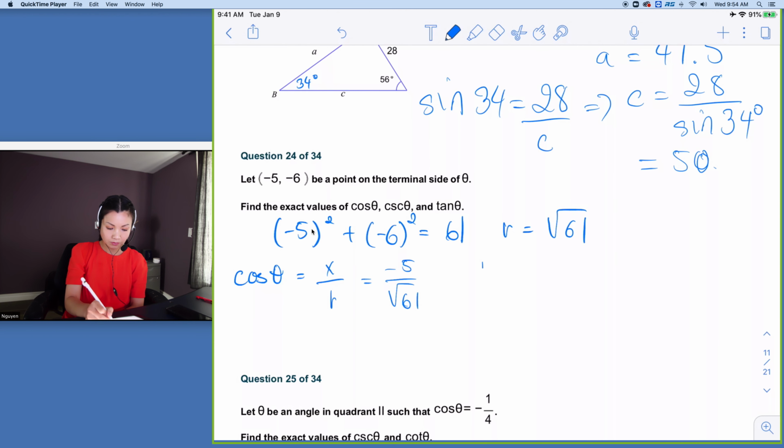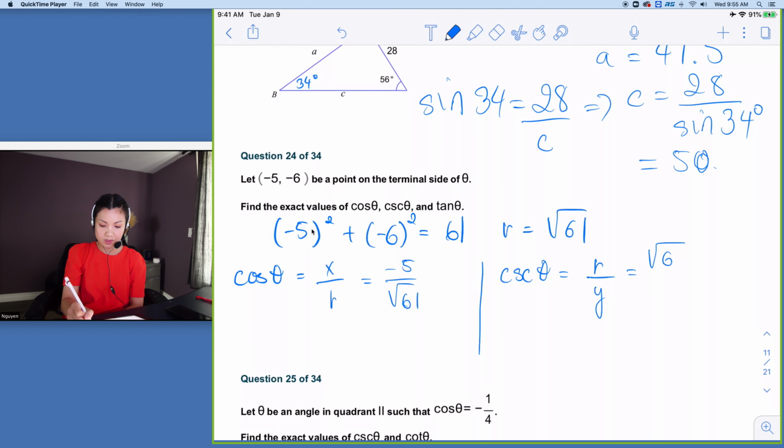Cosecant is r over y. So it's going to be square root of 61 over y, which is negative 6. And then I have tangent. Tangent is y over x, which is negative 6 over negative 5, so it's just 6 over 5.